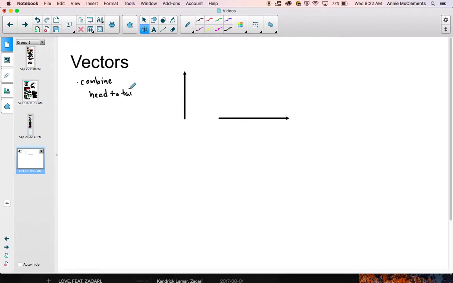On a vector, the head is the arrow, indicating what direction this object is continuing in, and the tail is the point at the end. So when you combine vectors or add them, you want to add the tail to the head or vice versa.